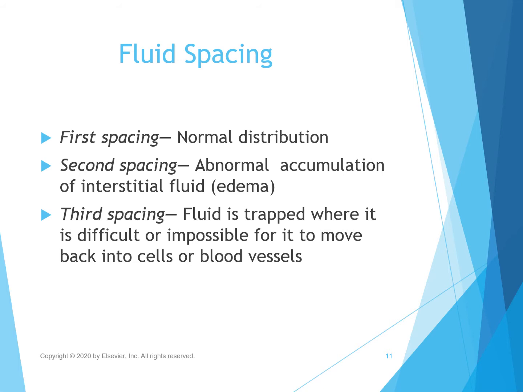Third spacing is when fluid is trapped, where it is difficult or impossible for it to move back into the blood vessels. This is more considered like your ascites in your abdomen, or if there's a huge amount of fluid shift and it's not able to return back into the blood cells.